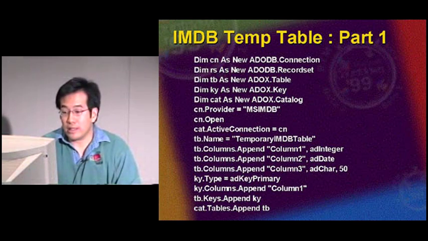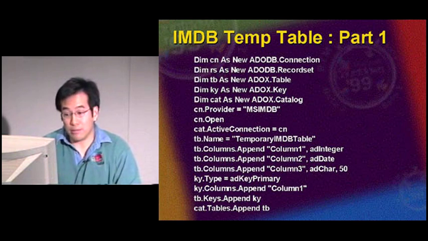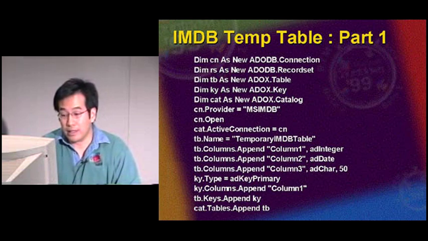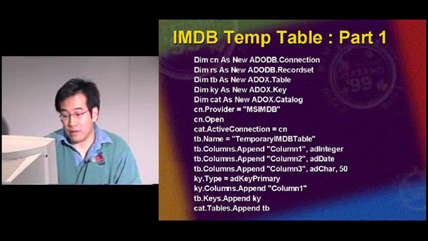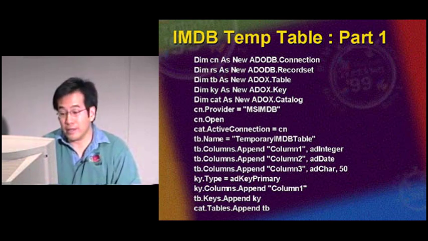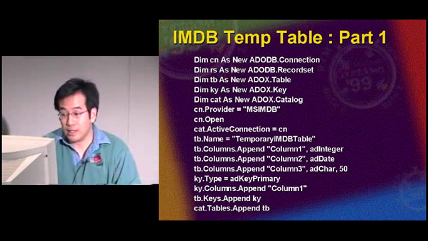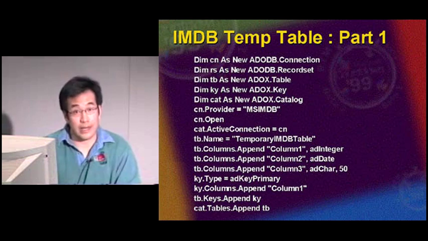So we declare TB, which is a new ADOX table object. We fill in the properties with tb.name. We fill in the name for our new table in IMDb, and we then need to just populate the columns collection for that table object by adding some simple columns with ADO data types, as we would normally do in any ADO program.